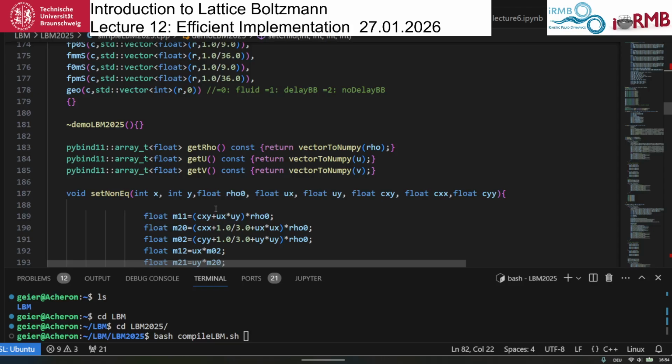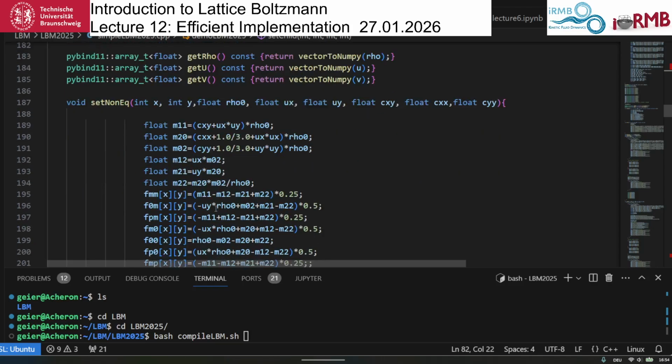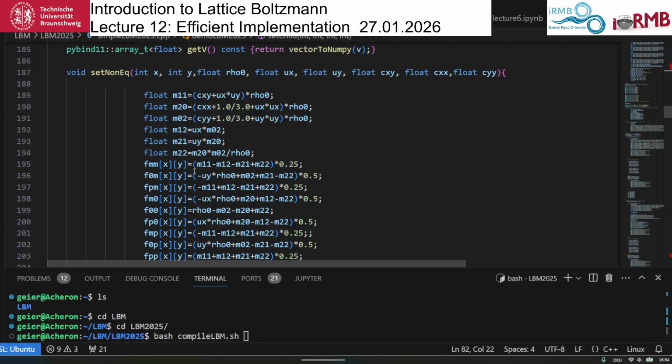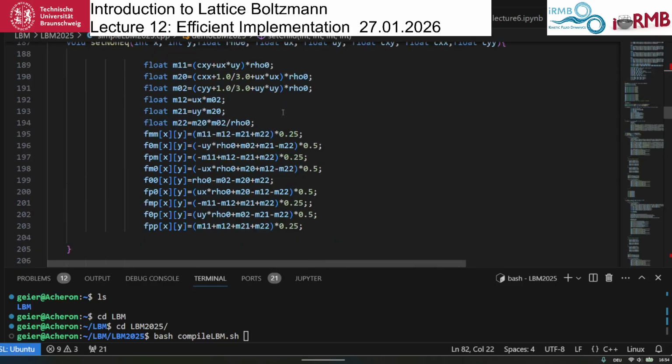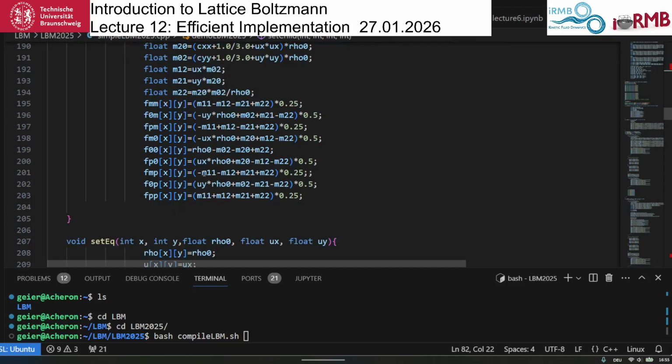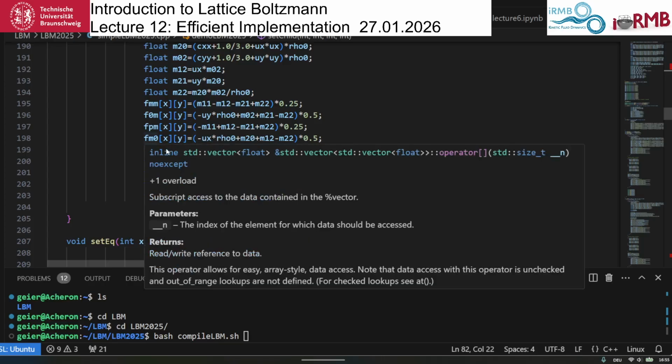So constructor, destructor. And then the last thing that I think we've implemented here is set non-equilibrium. At a position x, y, we set rho 0, u, and ux, uy, and also the non-equilibrium cumulants, second order cumulants. We compute the moments from these cumulants, and then we set them into the populations in this position.